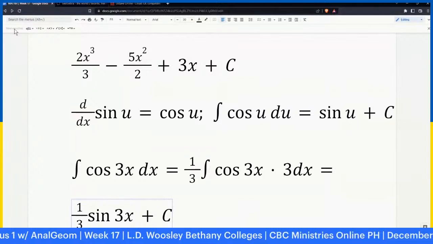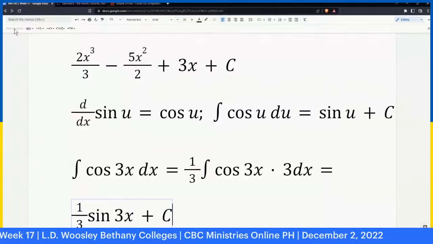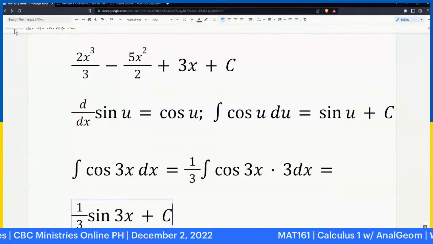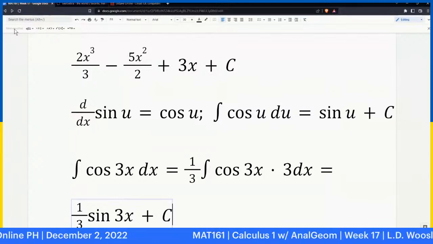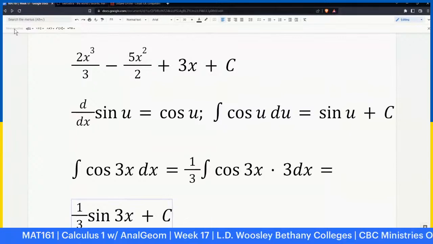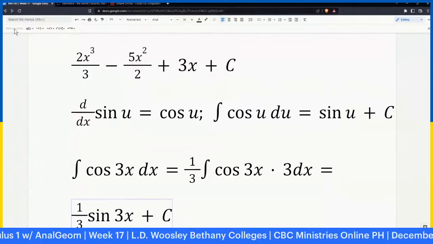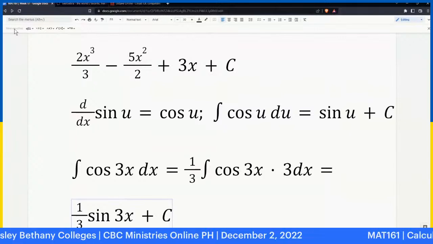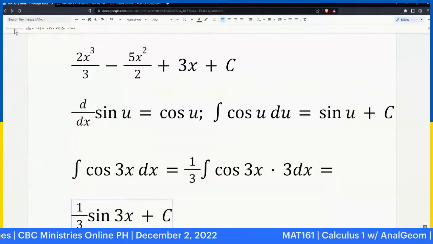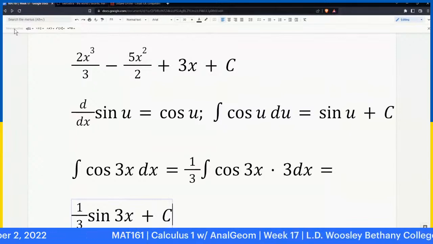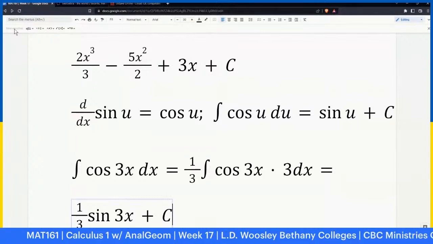Ngayon kung i-reverse mo yung 1/3 sin 3x, get the derivative, babalik ka sa cosine 3x. Na may pang-neutralize ka na doon. Derivative of sin 3x is cosine 3x times derivative of 3x. What's derivative of 3x? 3. So yung 1/3 will cancel that 3.